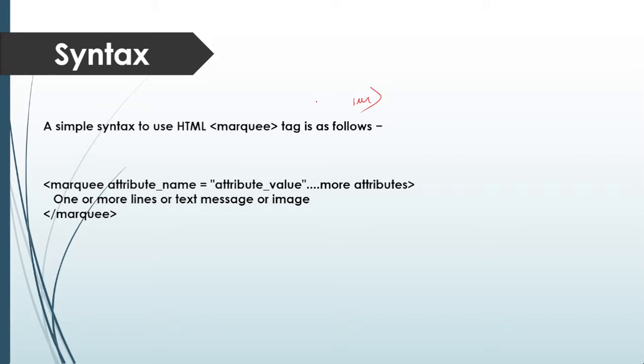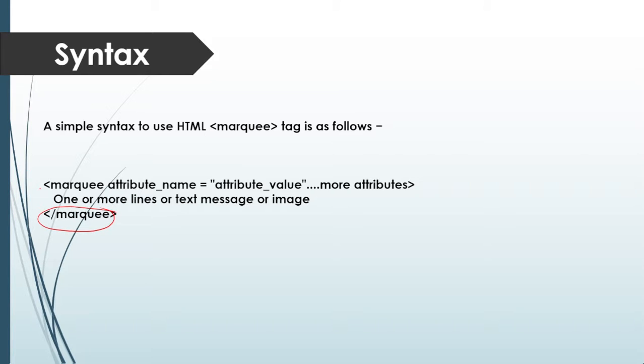Right, if we do not close the marquee tag, then every statement after that particular statement will start scrolling in the web page. Okay, so if we need to scroll only one statement in the complete web page, we always need to close this marquee tag.